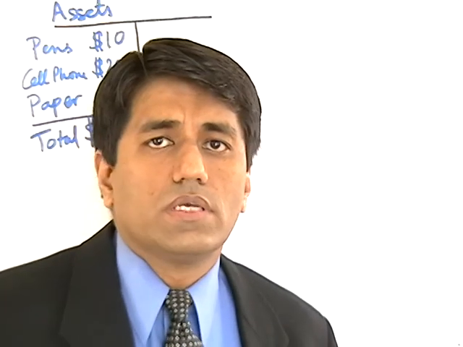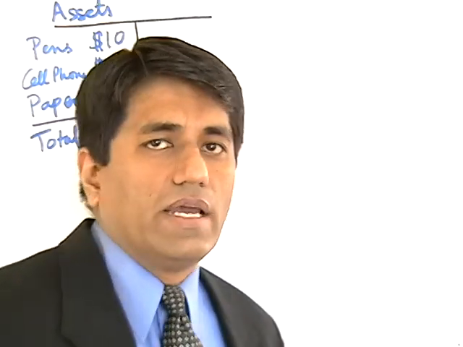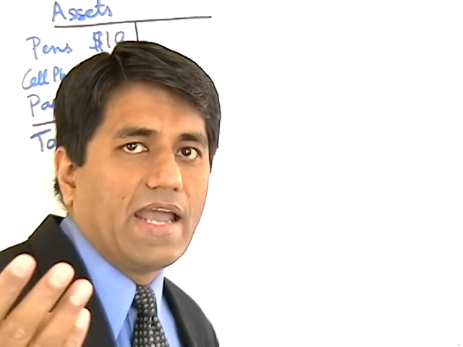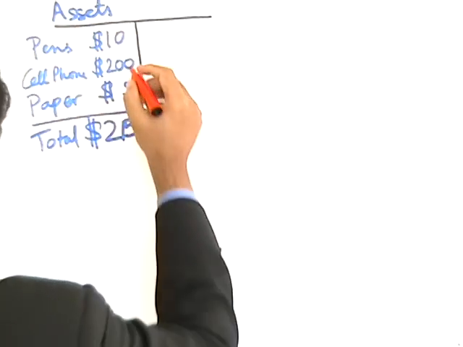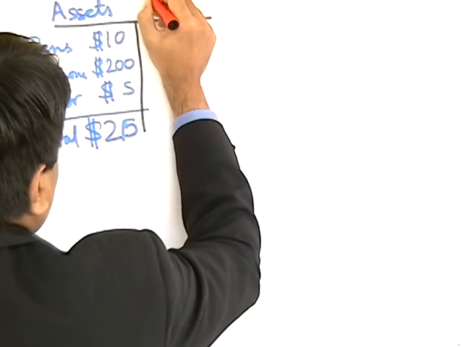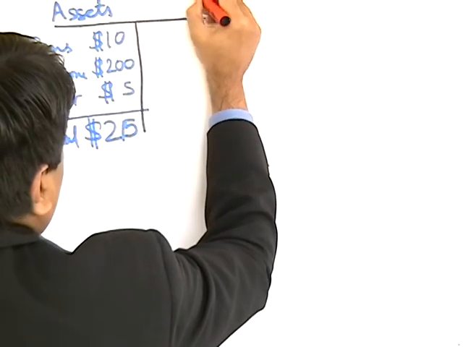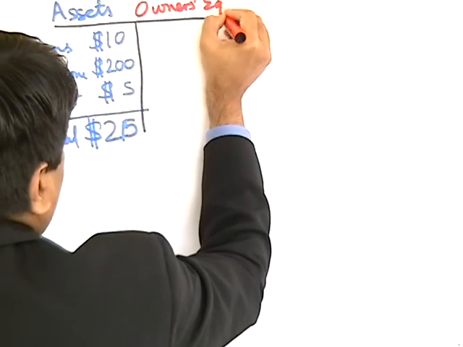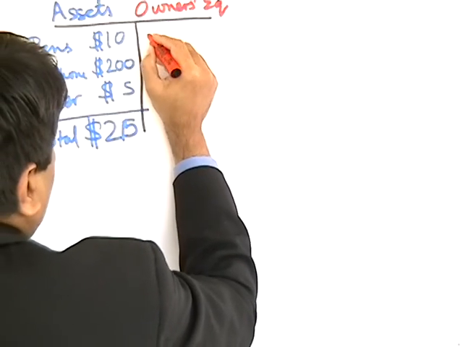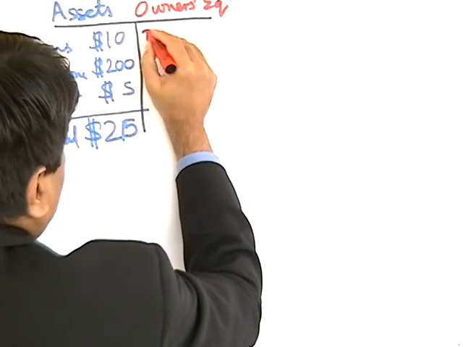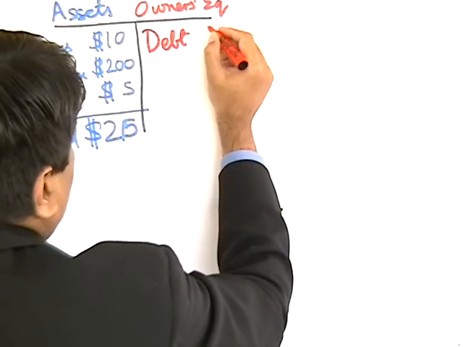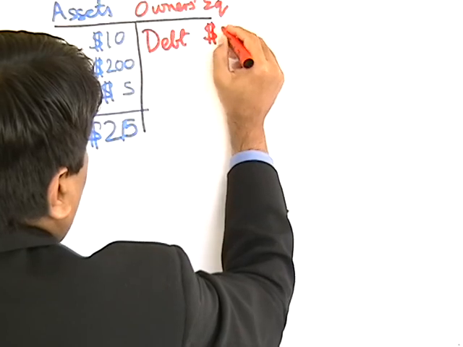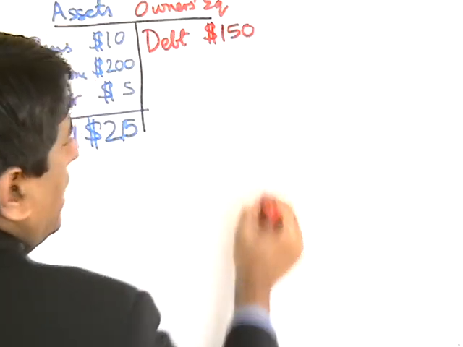Now suppose the accountant goes on and says that the value of the debt which you own, so this side is liabilities and owner's equity, is $150.